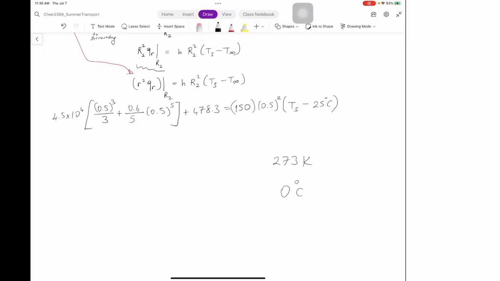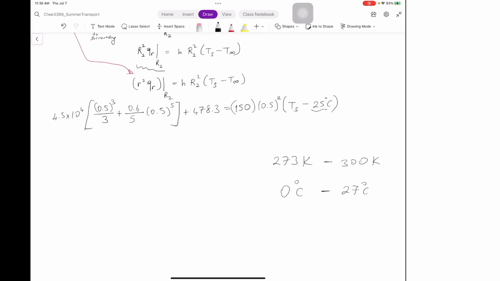Yes. And 27 degrees is 300 Kelvin, right? But the difference between the two is the same, no matter which units you use. So that's one good thing about the Kelvins and centigrade. When you talk about the differences, they have the same units.